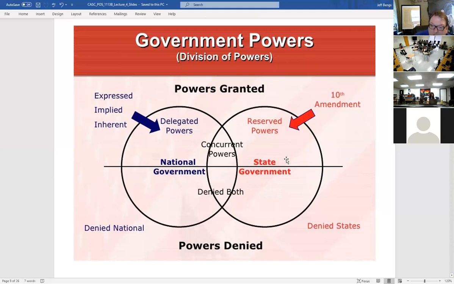There were some powers that only state governments could engage in or exercise. There were powers that the national government was denied. There were powers that the states were denied. There were powers that both governments were denied. Specifically, federal government and state government cannot infringe upon the rights of individuals.